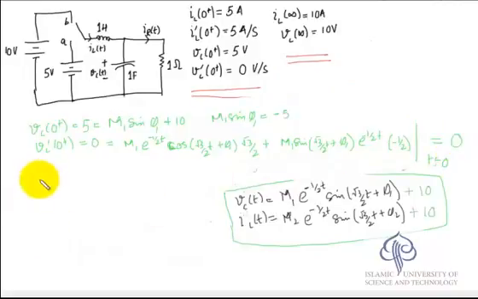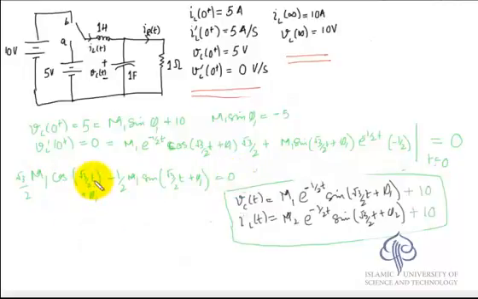So this gives us the second equation. Putting t equal to 0, M1 cos of root 3 by 2 t plus phi 1 multiplied by root 3 by 2, minus half M1 sine of root 3 by 2 t plus phi 1, equal to 0.